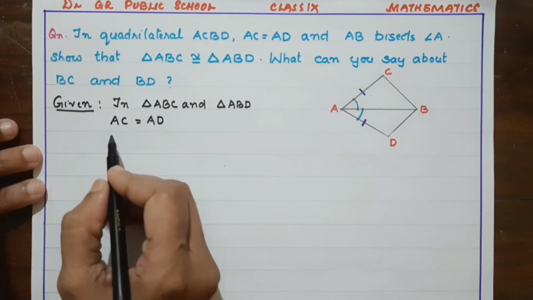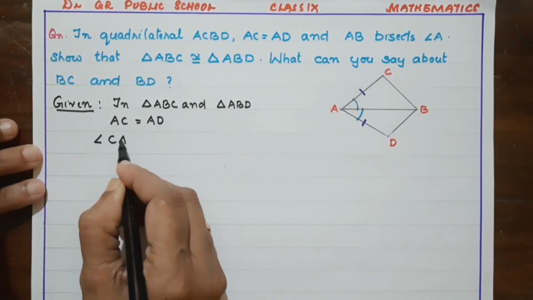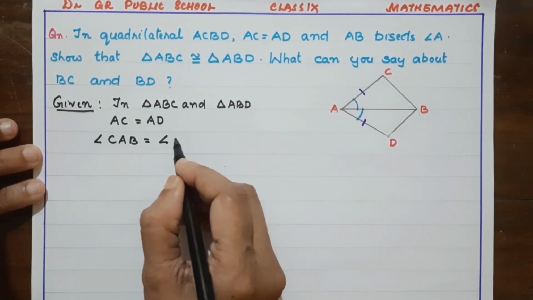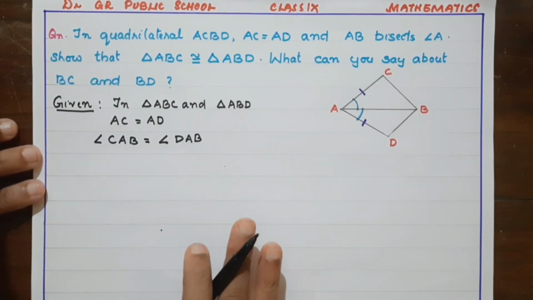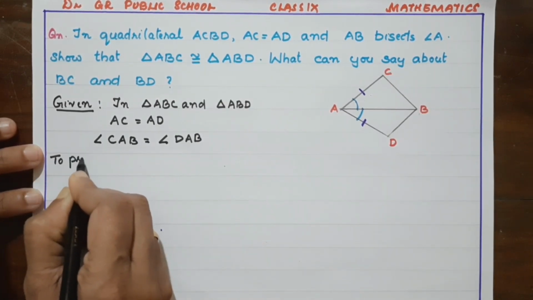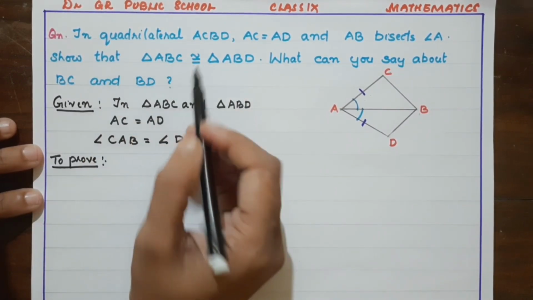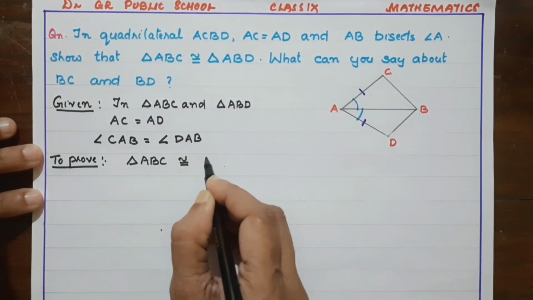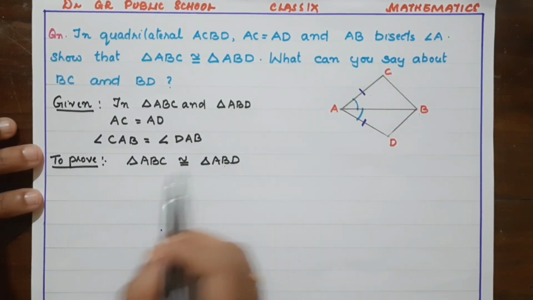That also we can write: angle CAB is equal to angle DAB. This much is given. Now we have to prove. What is to be proved? Triangle ABC is congruent to triangle ABD. Okay children, we have to prove this.